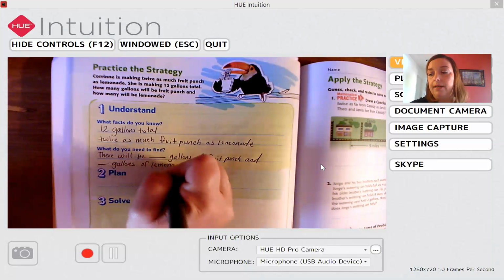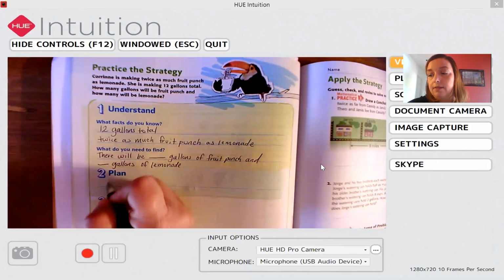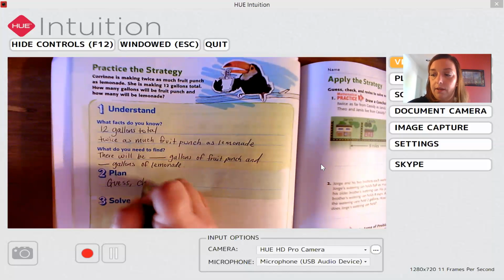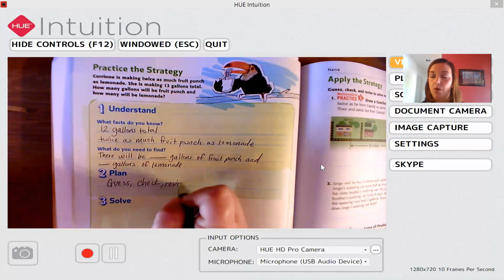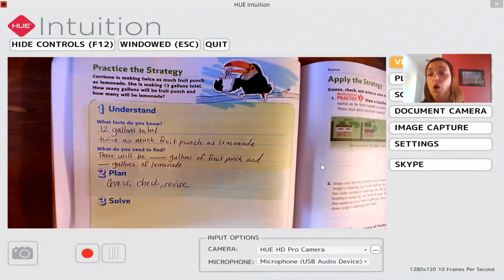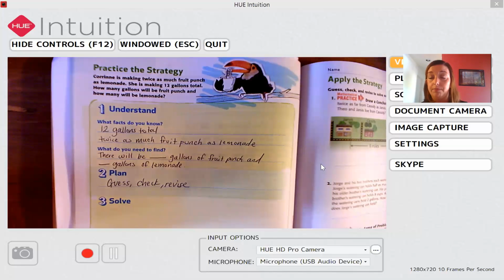Okay, so our plan is going to be guess, check, and revise. Okay, so whatever amounts there are, they have to add up together to be 12. So I know that the amounts are going to be less than 12.